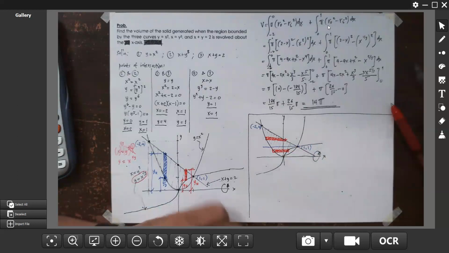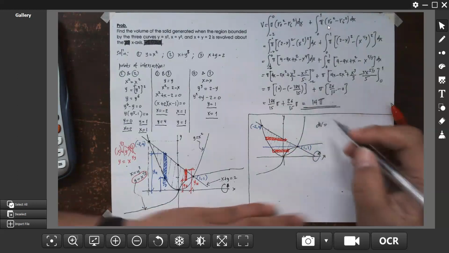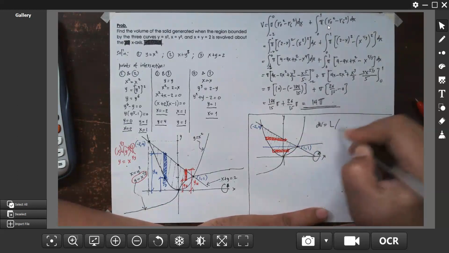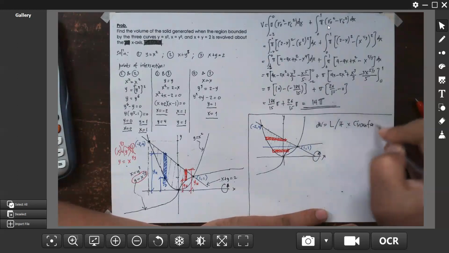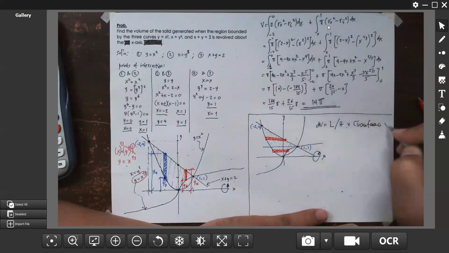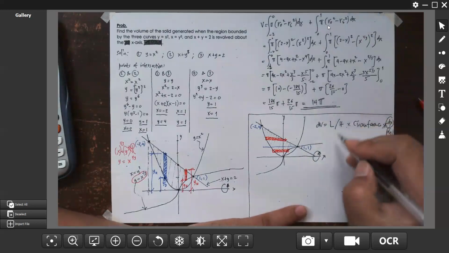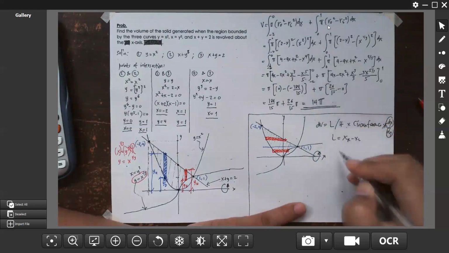Now, we all know that for a hollow cylindrical shell, the volume is length or height times circumference times dx or dy, depending on the problem. Usually, when the length is horizontal, that's x right minus x left.